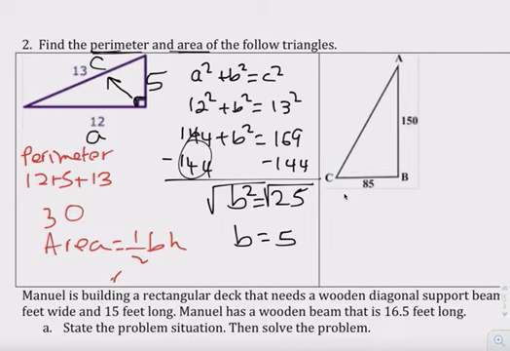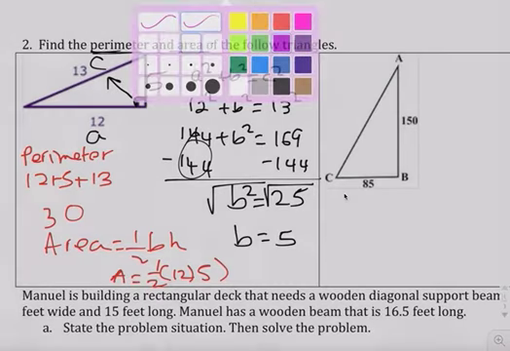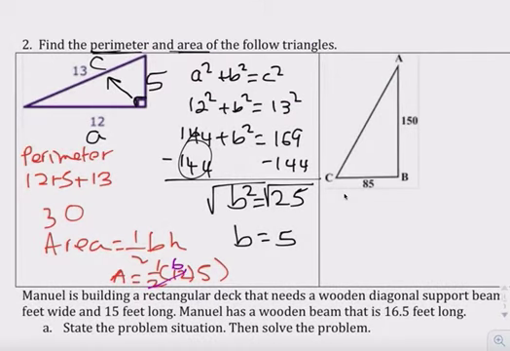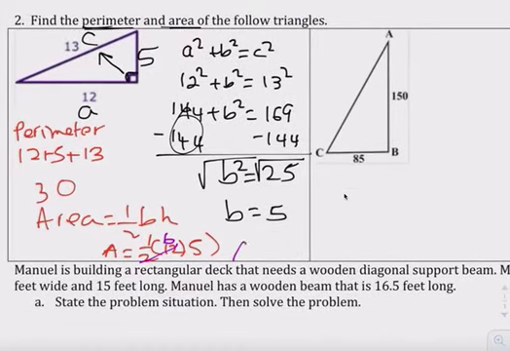Area equals 1/2 times 12 times 5. Okay. Cross cancel, that's 6. 6 times 5 is 30. Area is 30 units squared.